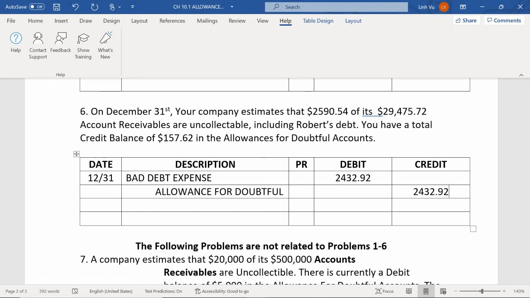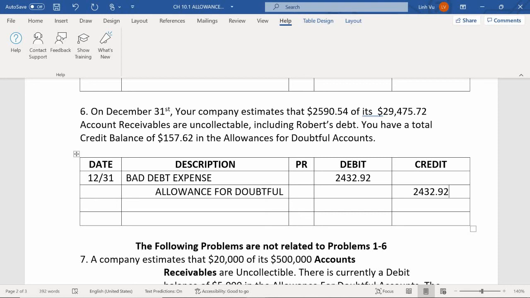So in this case we're using the balance sheet method, where we take our estimated amount and recognize accounts receivable. That means we care about the balance in the allowance for doubtful accounts. There's a credit balance, and your end goal is a credit of $2,590.54, but you already have $157.62 in there.